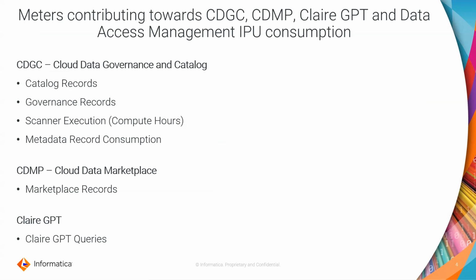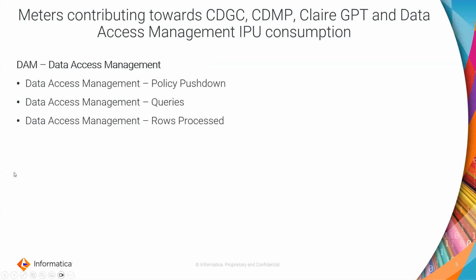For CDGC, it's catalog records, governance records, scanner execution, which is basically the computers, and the metadata record consumption. For CDMP, we have marketplace records. For Clear GPT, it is the Clear GPT queries. And for data access management, the three meters are the data access management policy pushdown, data access management queries, and the data access management rows processed.